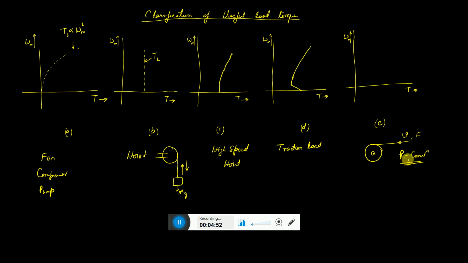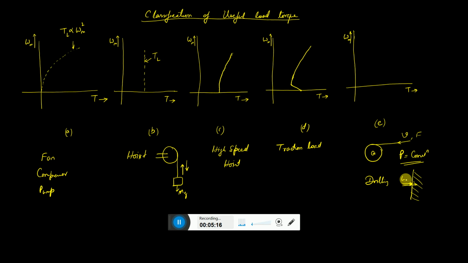If the power requirement is constant, another case is that suppose we are using a drill on a wall, and you are drilling it. When the drill is inside the wall, the speed has to come down.